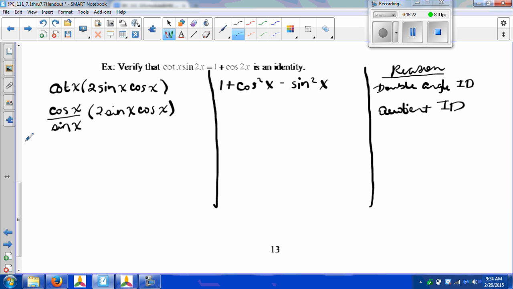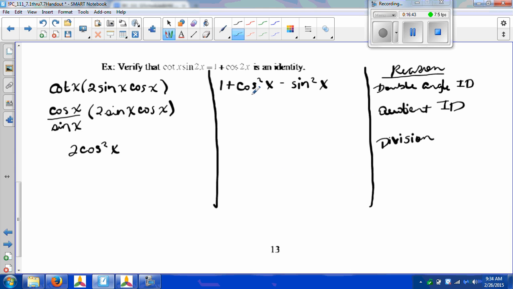Okay, next those cancel, so I get 2 cosine squared x, and that's it for those. And that would just be simplification or division. I don't like the word simplification for it because everything has a reason that it's simplifying.